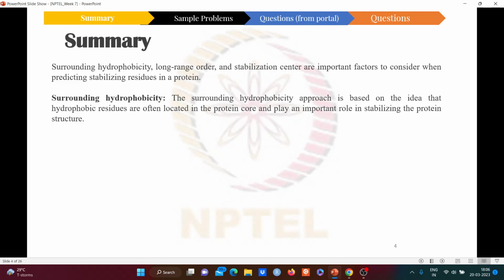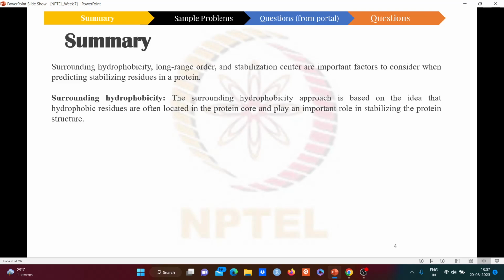For example, machine learning algorithms can be trained on known stabilizing residues to identify patterns in properties such as surrounding hydrophobicity, long range order, stabilizing center or conserved residues. By observing the pattern or cutoff values of these, we can develop machine learning algorithms that can be trained to predict the stabilizing residues.